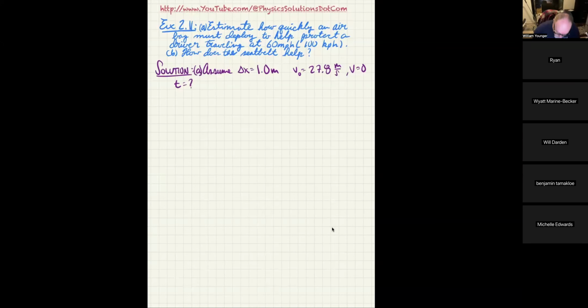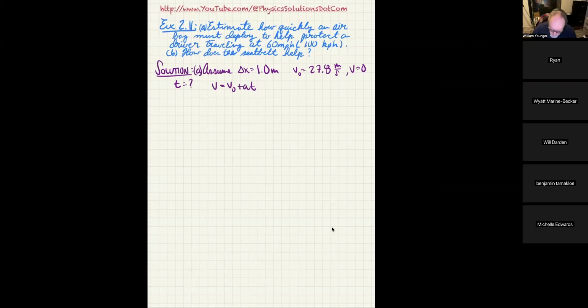So what I could use is V equals, no, I don't want that. Well, I could do that. I could say V is equal to V0 plus at, but then I'd have to compute what the acceleration is.